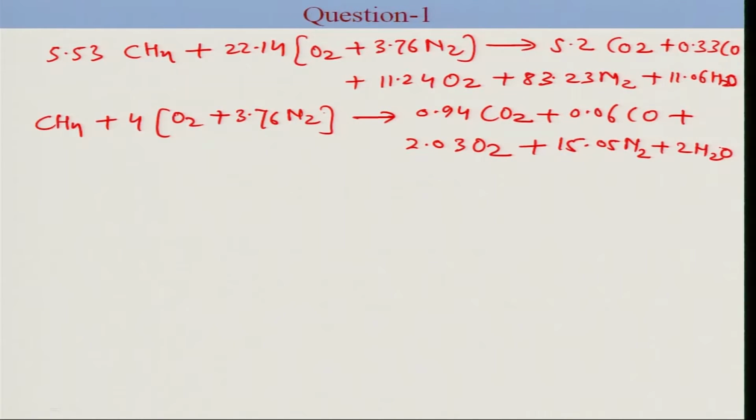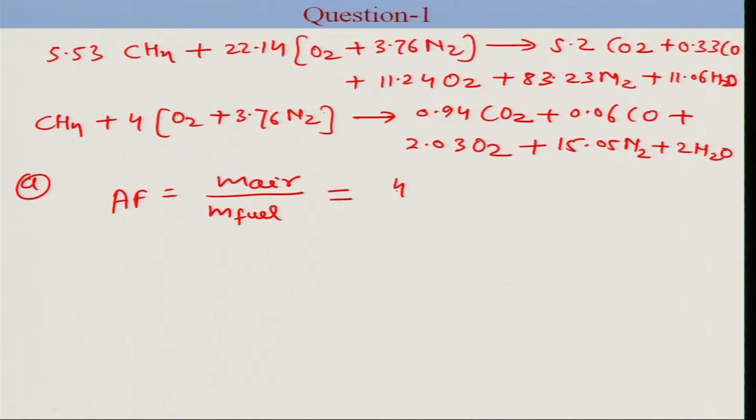Since we have been asked to calculate air fuel ratio, okay, so in the first part we have to calculate air fuel ratio, which is equal to mass of air divided by mass of fuel. Okay. So what is the mass of air?